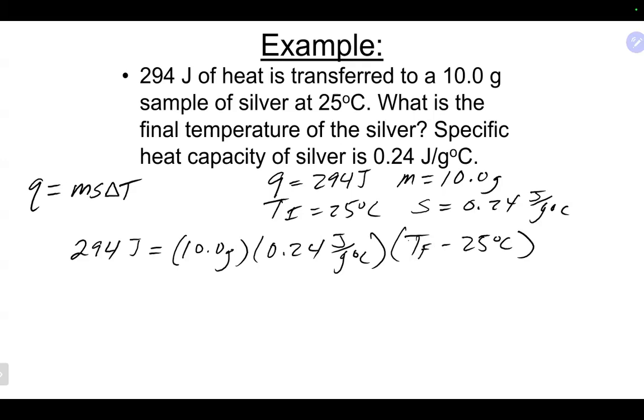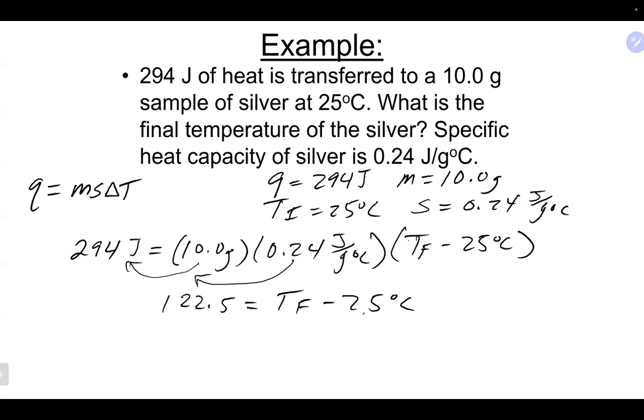So mathematically here, we want to solve this. You need to do some dividing first. So we have to divide those to the other side. So that is 294 divided by 10 divided by 0.24. Going to get us 122.5, which will equal our final temperature minus 25 degrees Celsius.